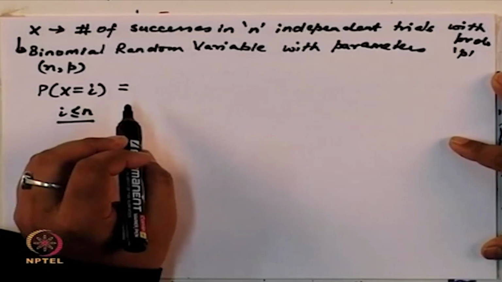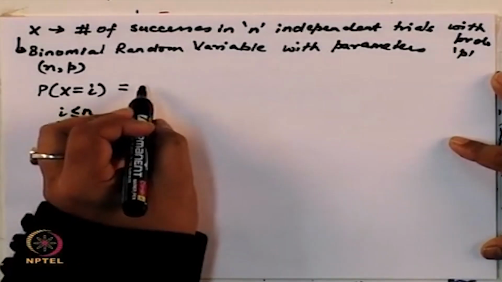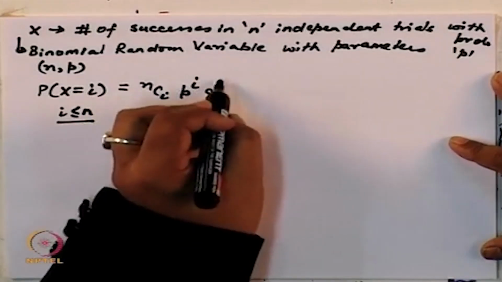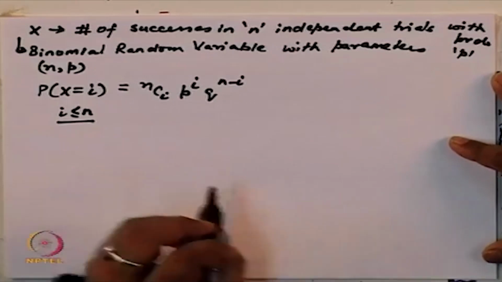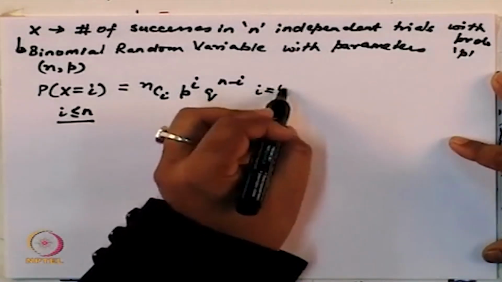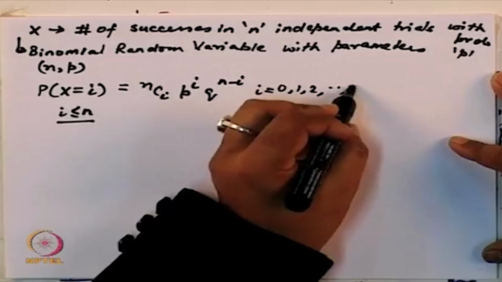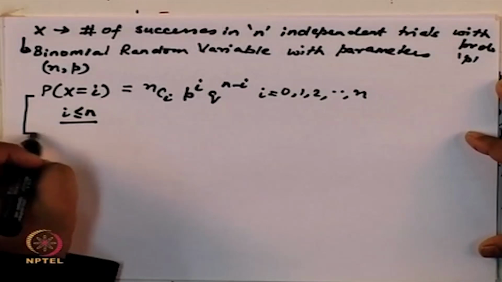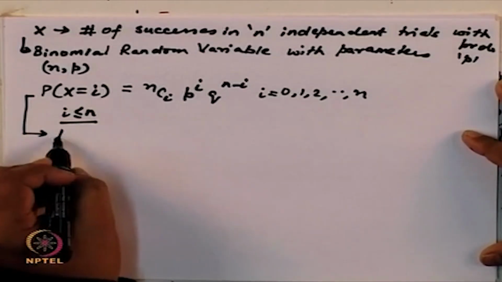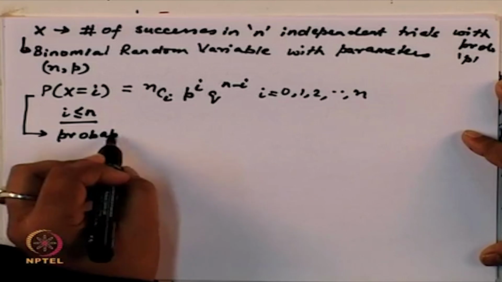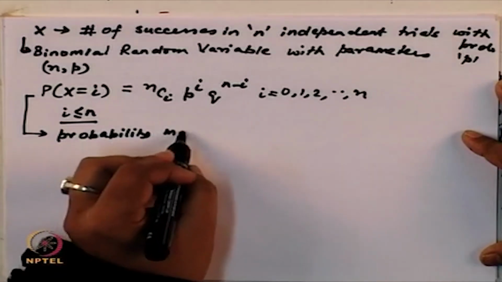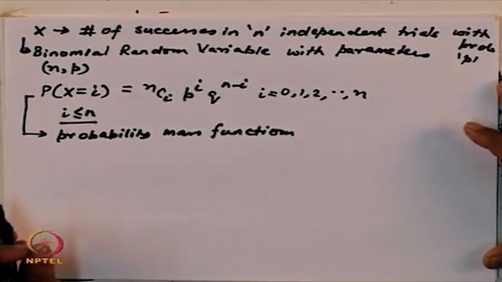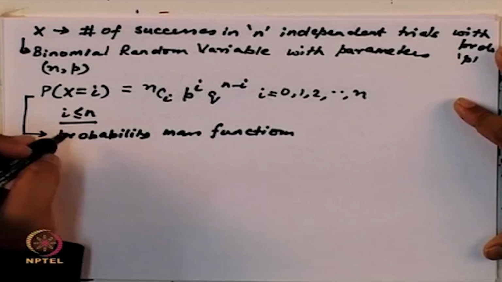So, probability of x equal to i can be written as nCi p to the power i q to the power n minus i, where i can be anywhere between 0, 1, 2 up to n. Since x is a discrete variable, this is my probability mass function. I can then calculate each of the probabilities.